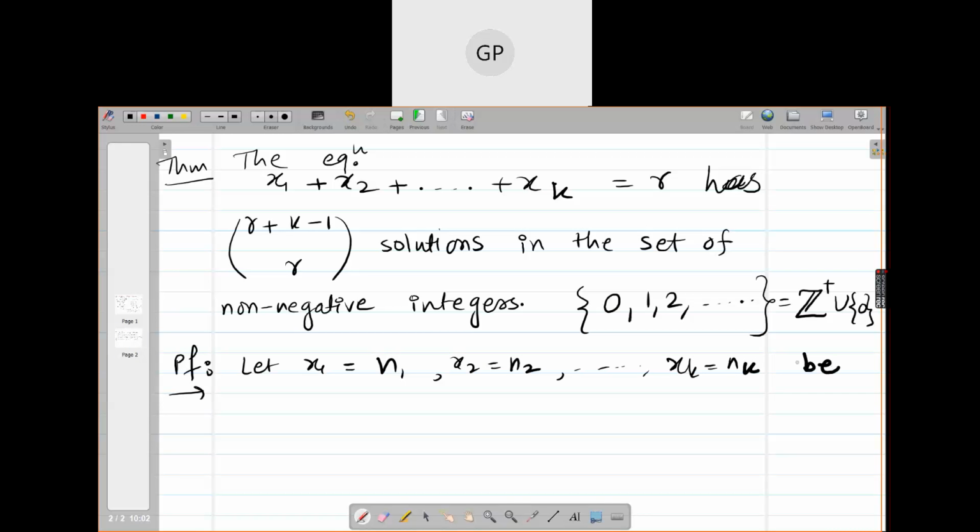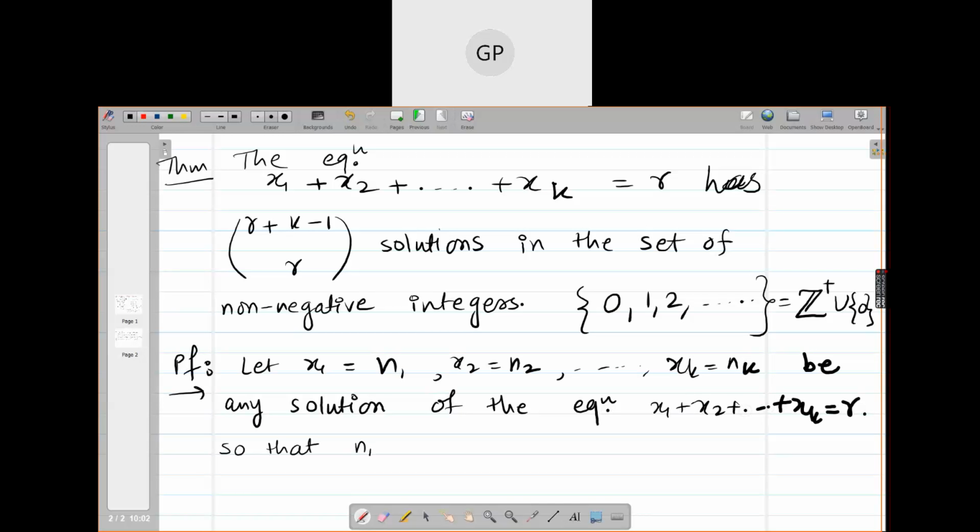Let (x1, x2, ..., xk) be any solution of the equation x1 plus x2 plus up to xk equal to r, so that n1 plus n2 plus up to nk is equal to r.